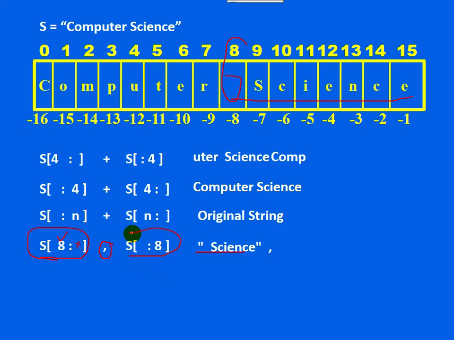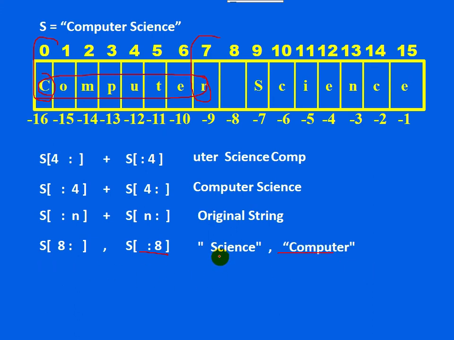Followed by this string. What's the meaning of this one? The starting index is missing, so by default it is 0, 0 to 8 minus 1, so it is 0 to 7. So you get this substring or this sequence of characters. Let me write it here.